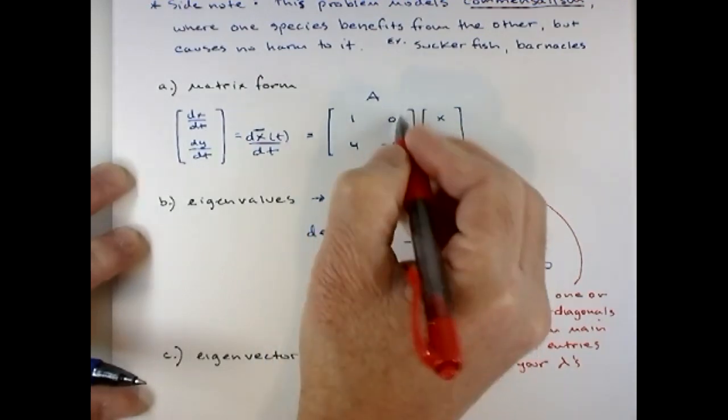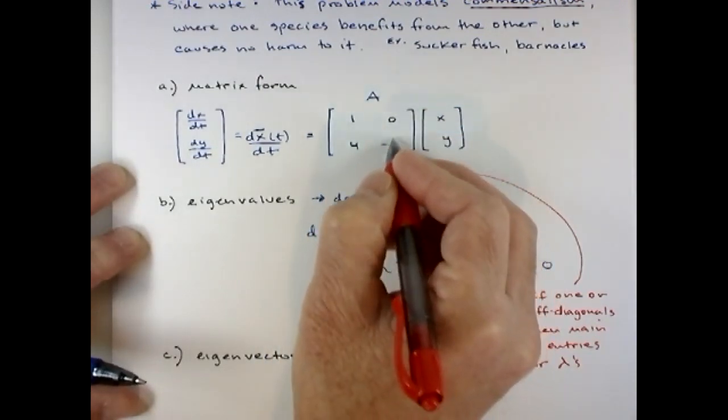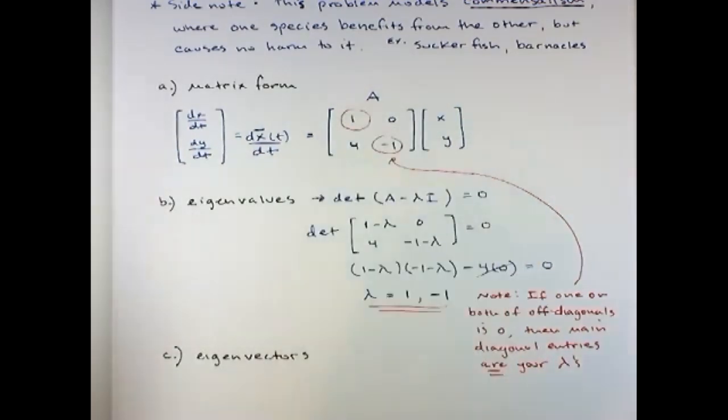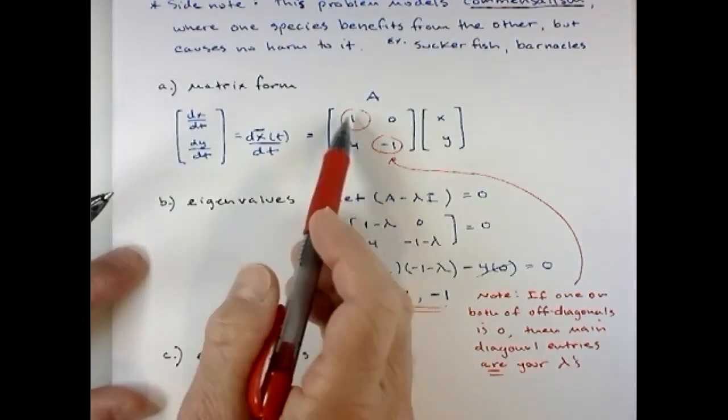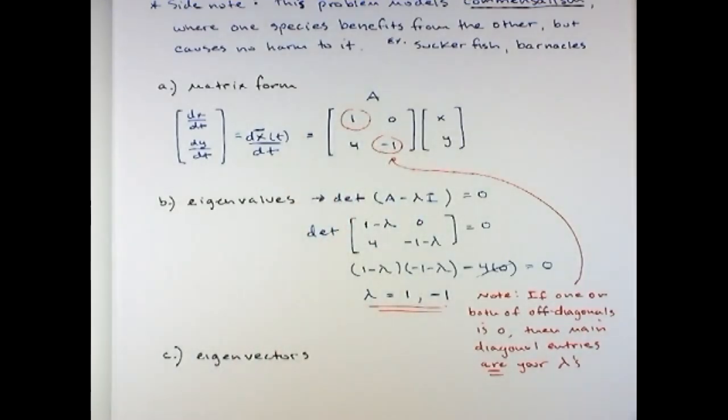Because of this 0 right here, these are going to be your two eigenvalues, 1 and negative 1. That could save a little time. Move on, because as you've seen, these solutions can take some time.